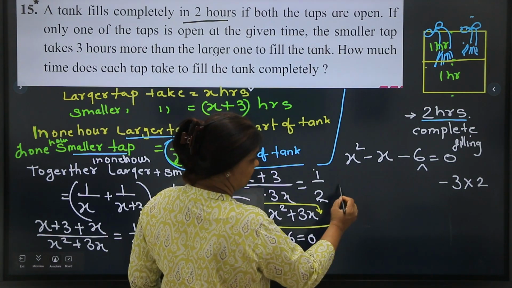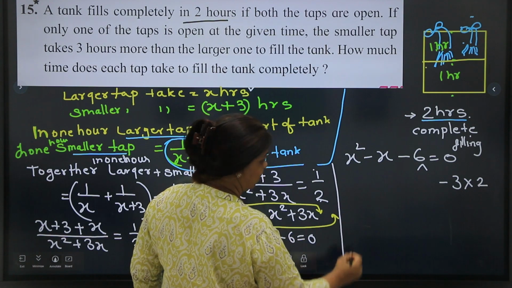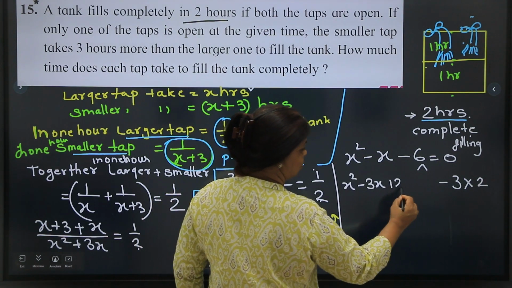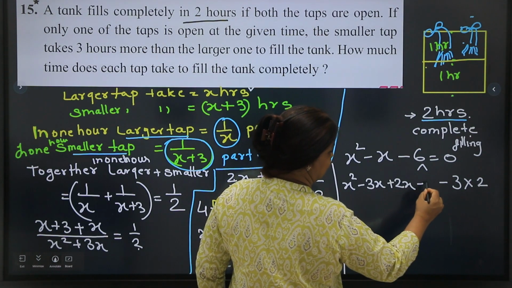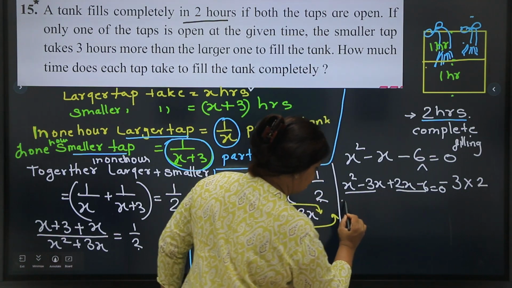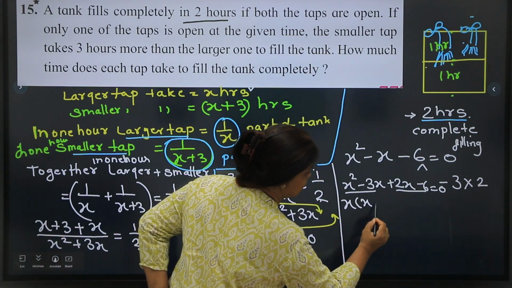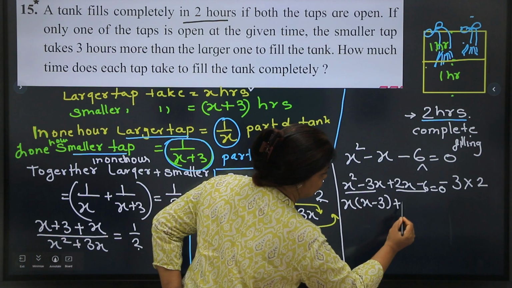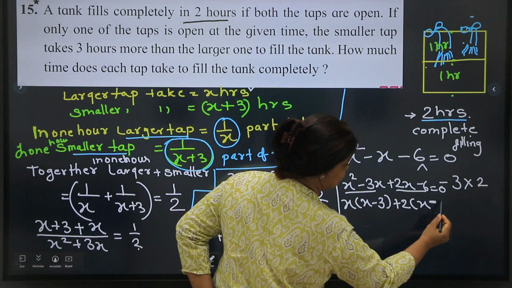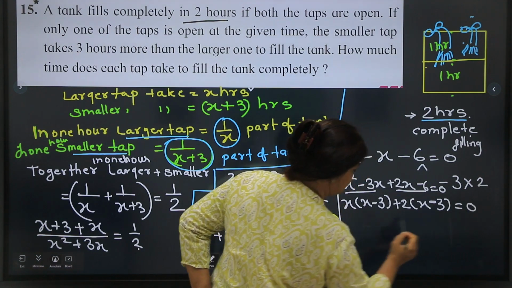So we can write here x square minus 3x plus 2x minus 6 is equal to 0. Take common x minus 3 plus 2, x minus 3 is equal to 0.